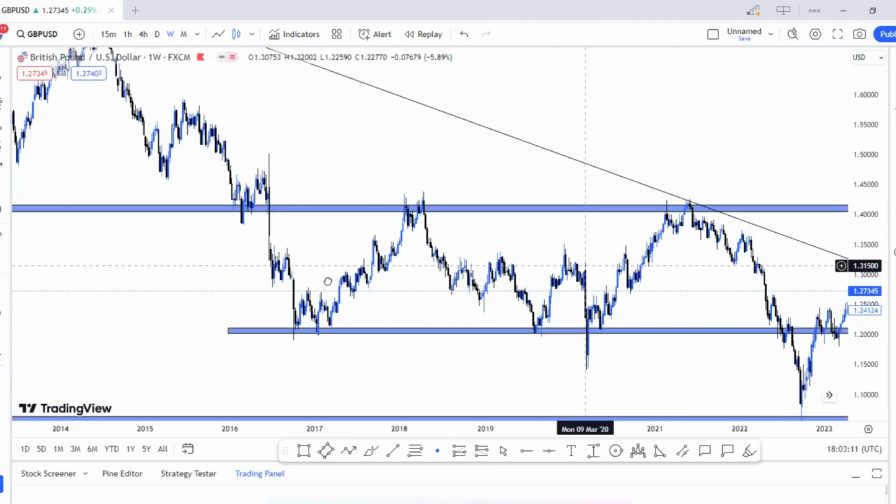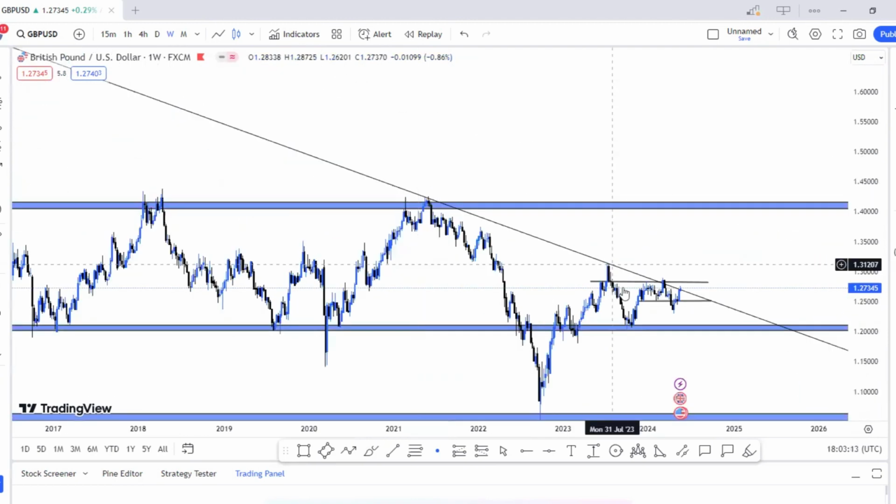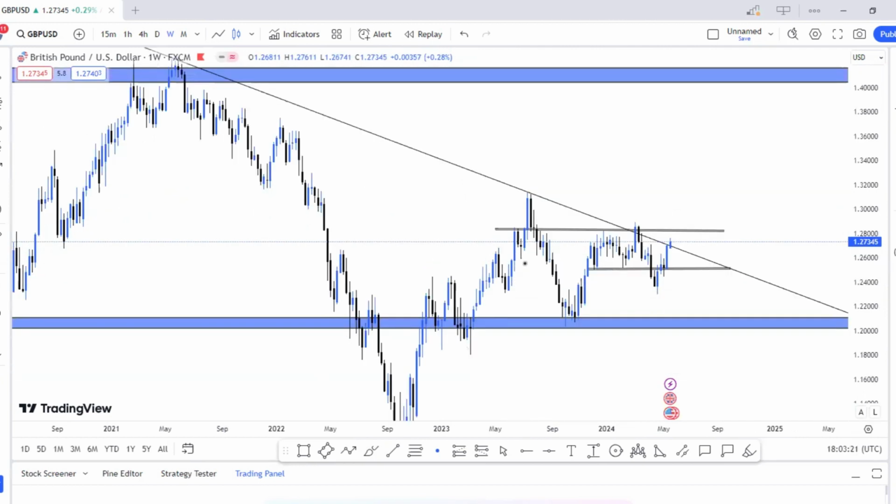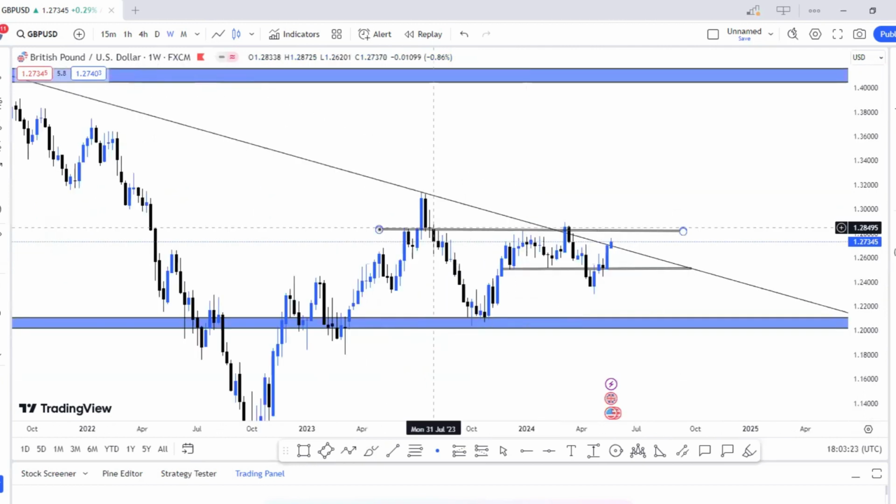We have the second touch, third touch, fourth touch, and price is visiting there now for the 5th time. Now if you look very closely, this point here is where price is currently contending with at the moment.